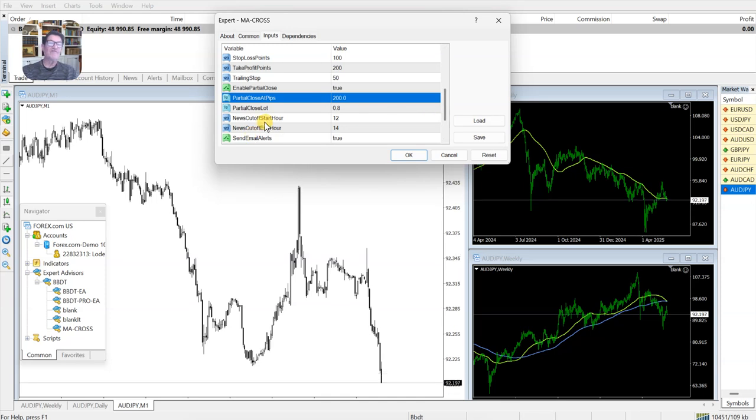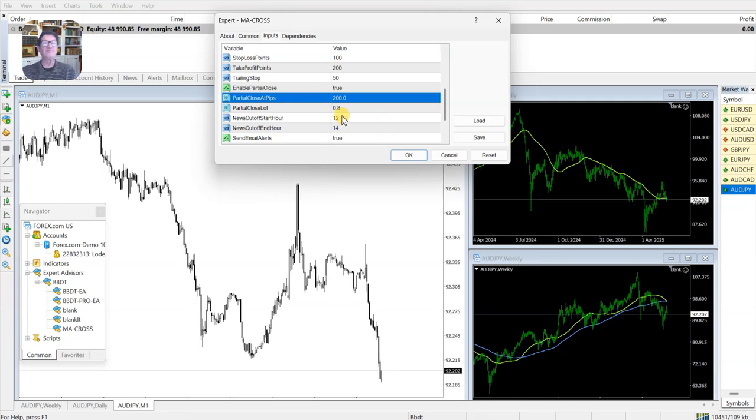And then we also have news cutoff hours, 12 o'clock and 14 hours. This is all military time. What this tells the EA is that it will not look for entry positions during those hours, because there may be sudden news popping up.